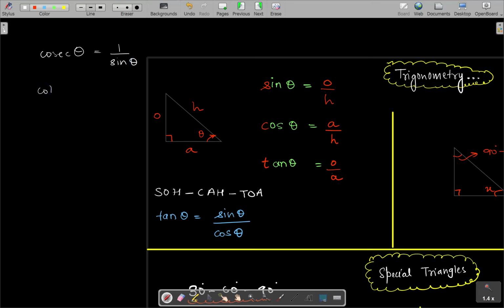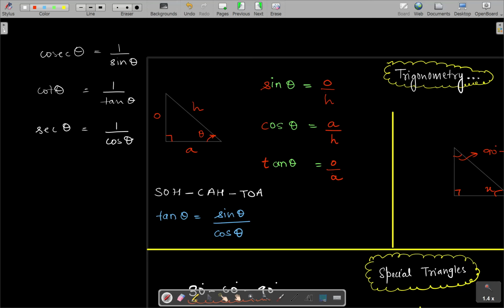Then you have cotangent. In short, it's just written as cot. And that is the reciprocal of tangent. And then we have secant. In short, it's written as sec. And that is the reciprocal of cosine.